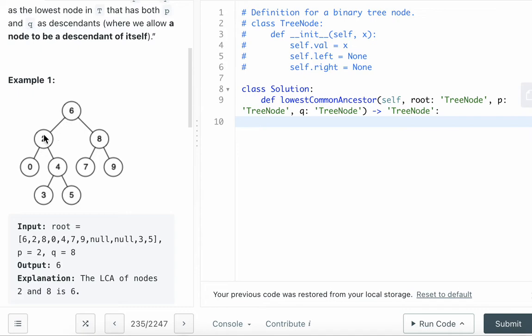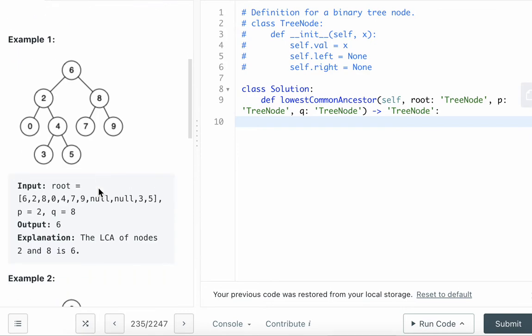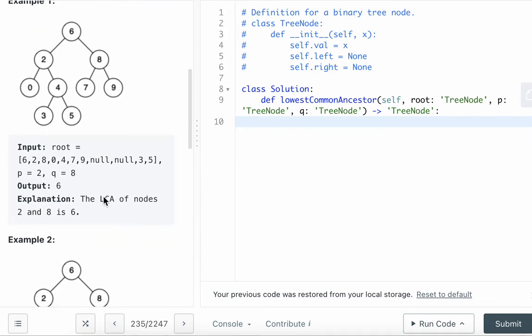If you look at the numbers here, 2 is smaller than 6 and 8 is bigger than 6. On the left side, 7 is smaller than 8, but 9 is bigger than 8. Everything on the right side, 7 is also bigger than 6. That's a binary search tree. So the LCA of nodes 2 and 8 is 6.